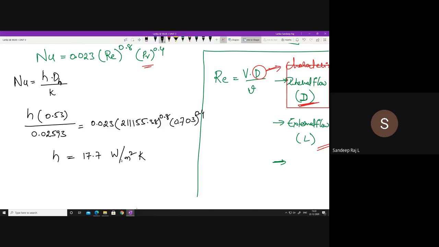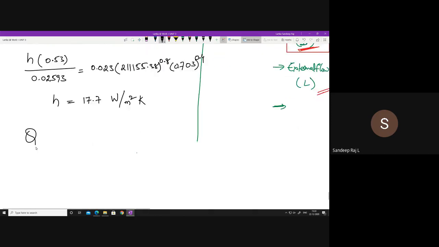And what you need here is actually Q. Q is equal to h into A into delta T. That's what is to be calculated here. And what about the area here? This is a key issue. It is the area with which the fluid is interacting.